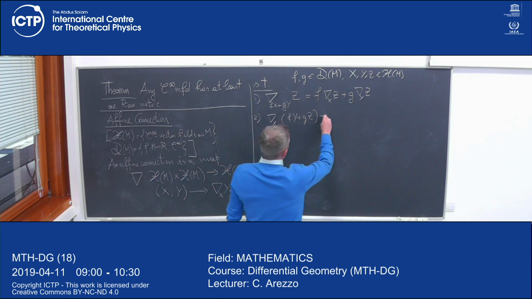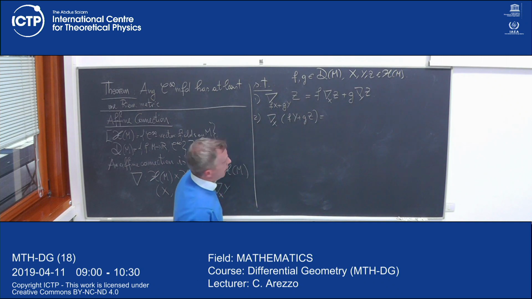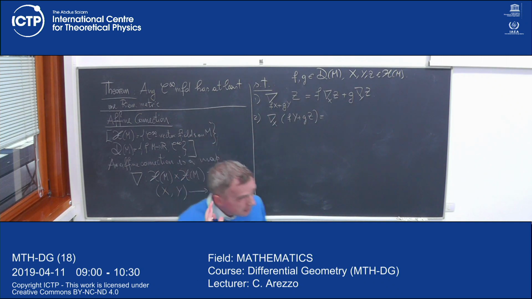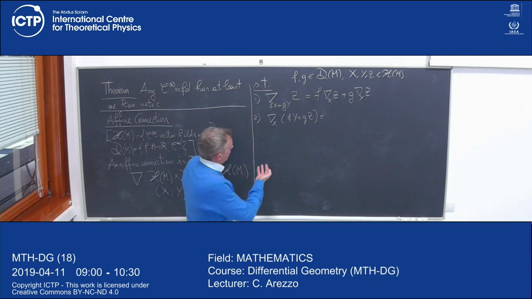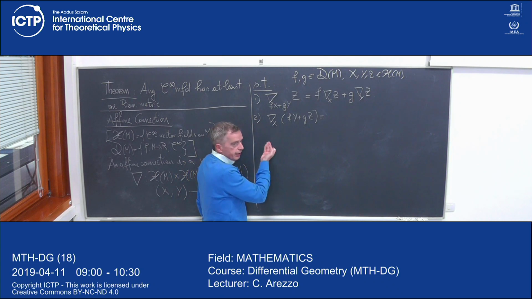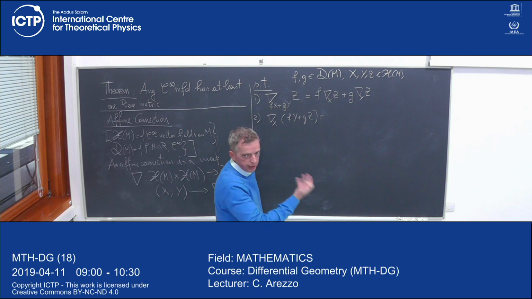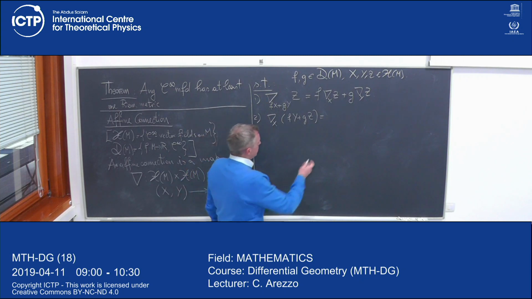Okay, so let's phrase it properly. Now what does the derivative of f with respect to X mean? X is a vector field, so X in fact is a linear operator which takes a function and gives me a function. So no problem actually.